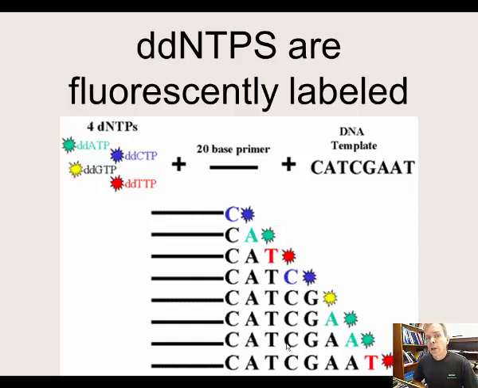These dideoxynucleotides are fluorescently labeled, and they are shown here in different colors. A is shown in green, C is in purple, G is in yellow, and T is in red. These are fluorescently labeled. Fluorescence is a small molecule that's added to the base, and when you shine light on it, it will fluoresce in a certain color.